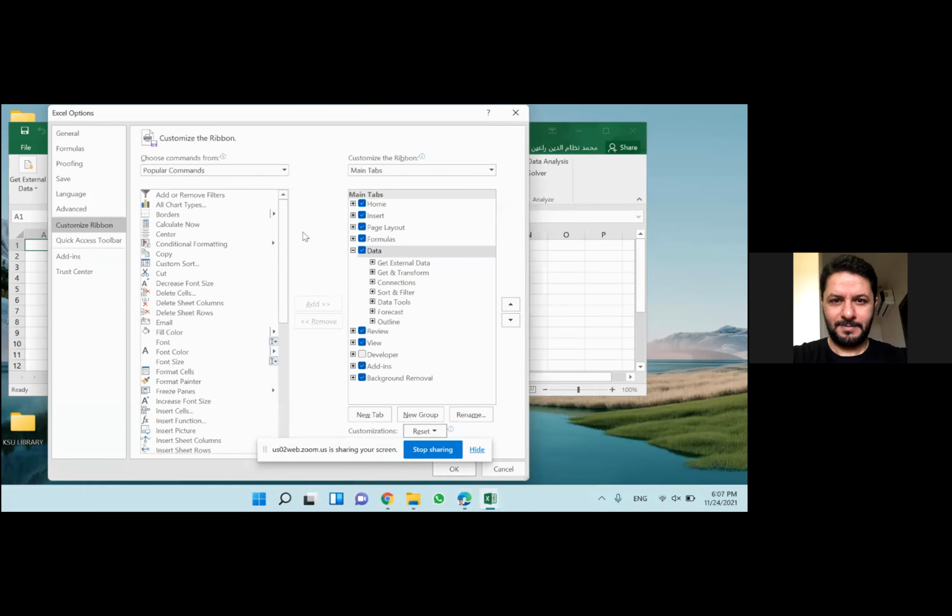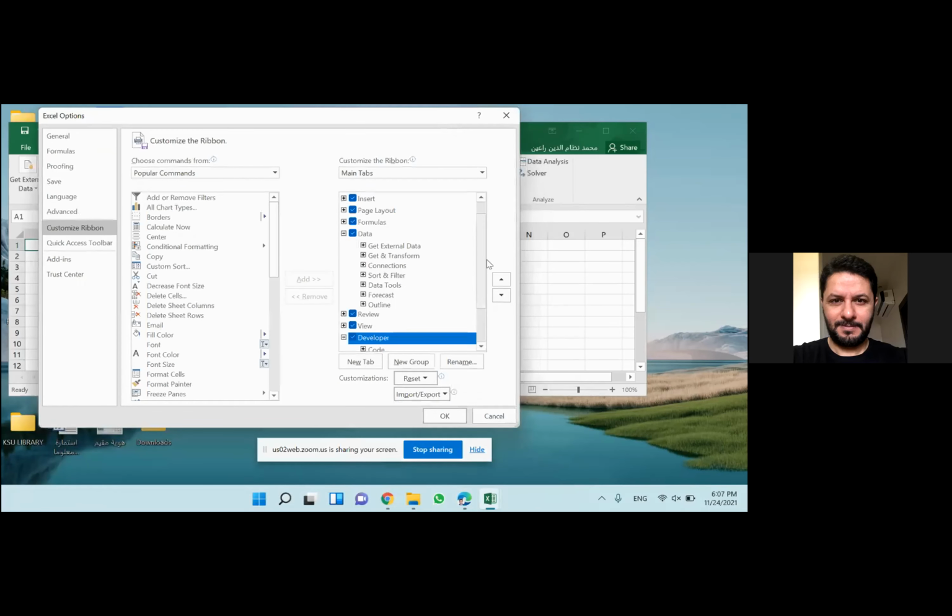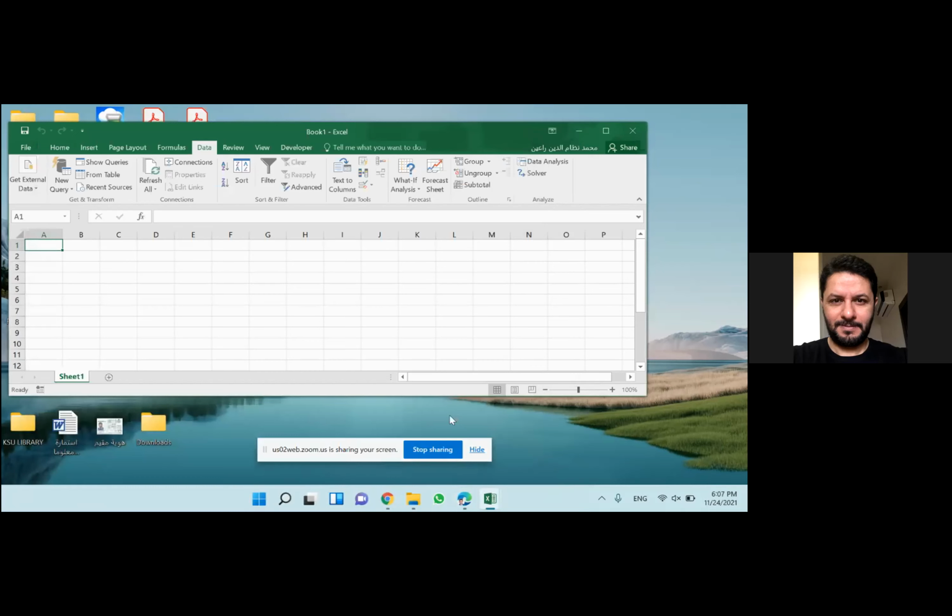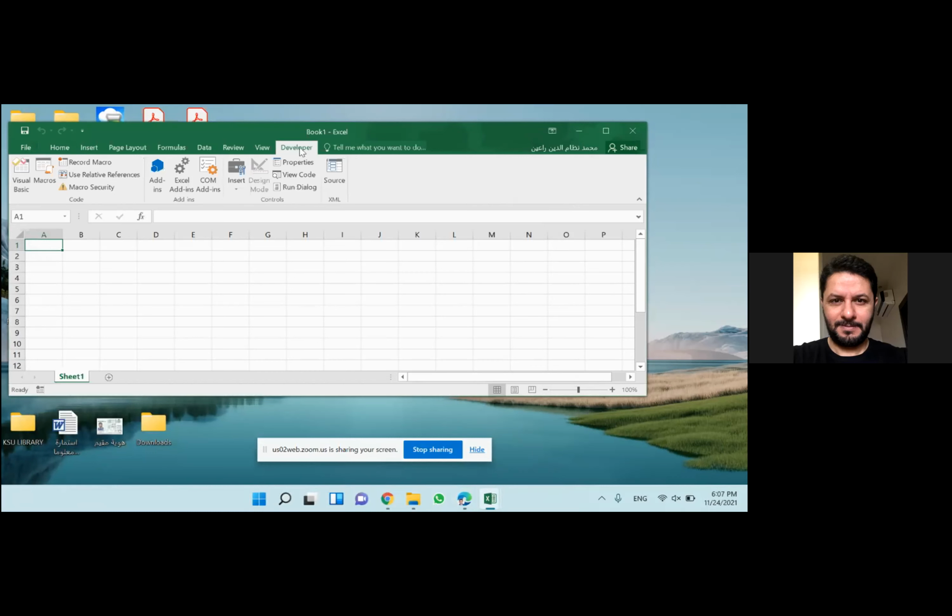Not on the left, on the right. Yes. You have the developer under review, view, then developer. See? Yes. So click on developer. Okay. Good. Then you have to click on OK. Okay. Now you have the developer tab. See? Is it clear, girls, or what should we do?